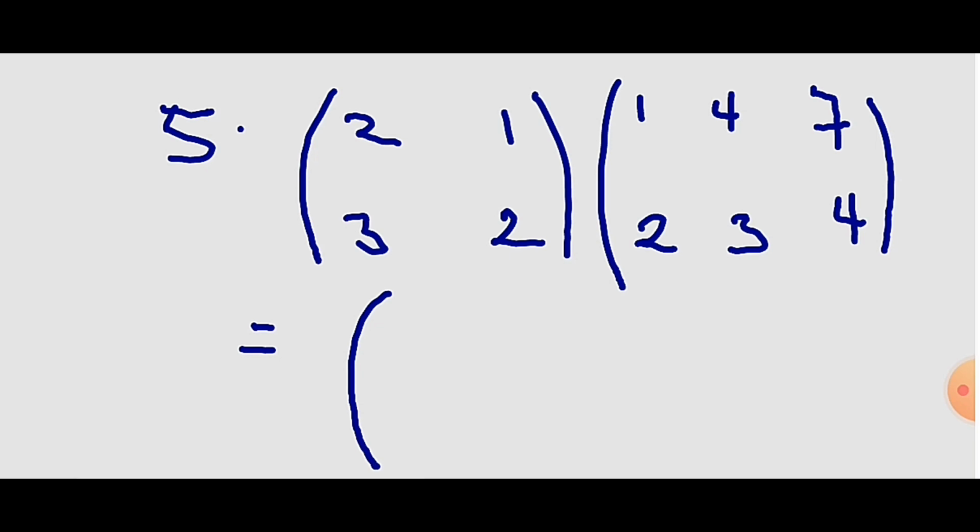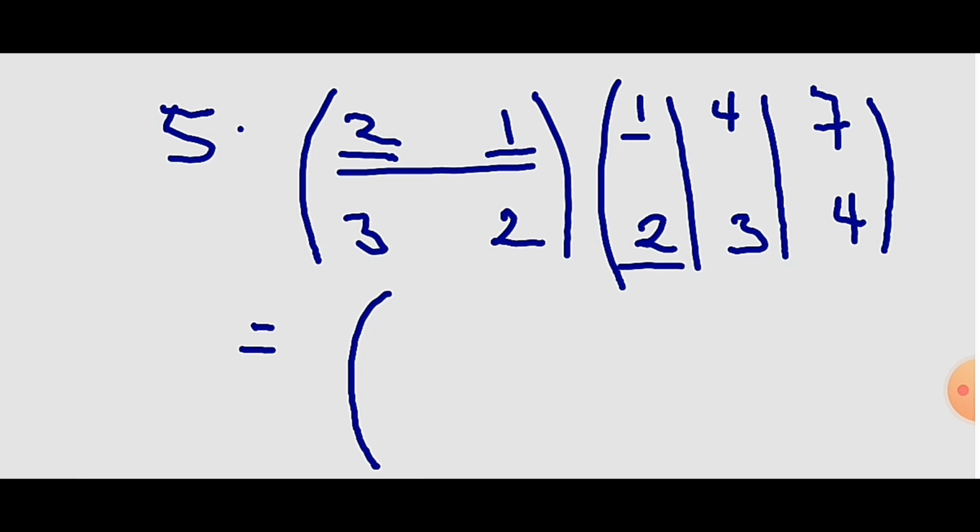So you open the bracket, you pick a row, you multiply with all the columns. There are 3 columns, so you multiply with all the columns. Meanwhile, the first element in the row multiplies the first in the column plus the second in the row multiplies the second in the column. So we have 2 times 1, that is 2, plus 1 times 2, that is 2.